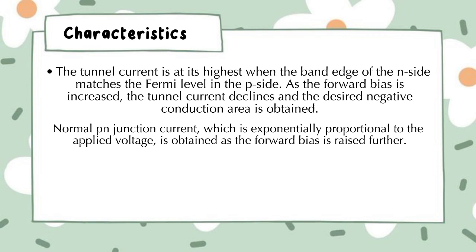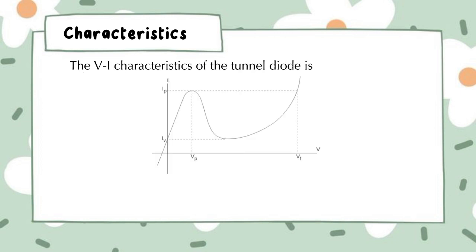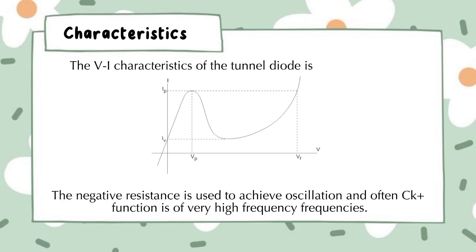Normal p-n junction current, which is exponentially proportional to the applied voltage, is obtained as the forward bias is raised further. In the V-I characteristics of the tunnel diode, the negative resistance is used to achieve oscillation, and is often used for functions at very high frequencies.